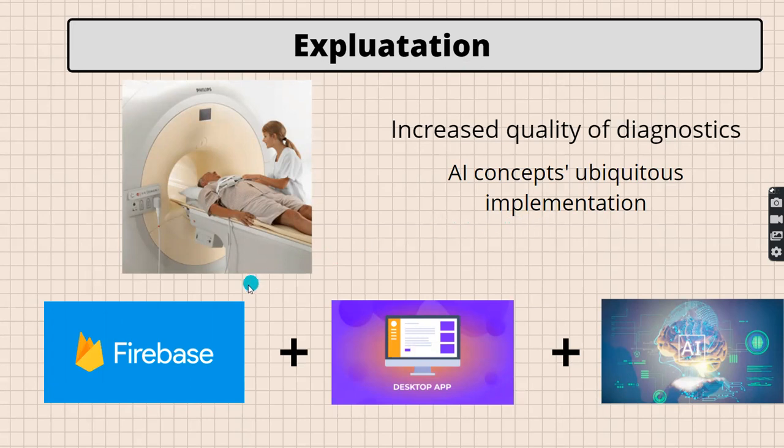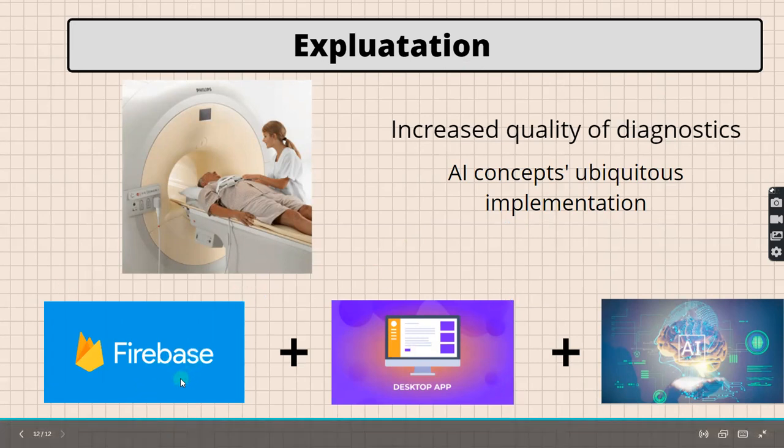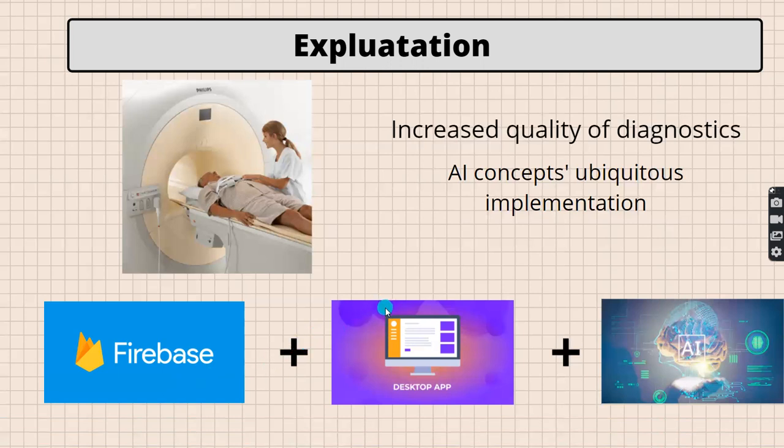So how can we automate this? First, we use Firebase. It is an all-cloud database where we can store images that radiologists have on their computers. Then we have a desktop application which I developed, and the artificial intelligence code is put into this desktop application for future use. This is all for the presentation.